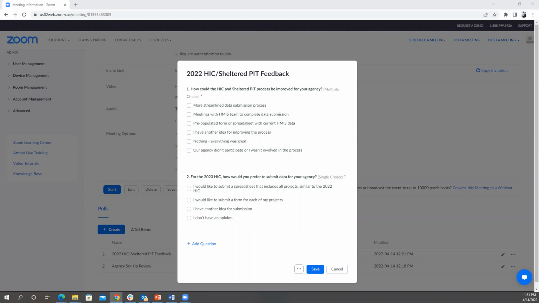Yes, you're correct. I missed a program because it didn't show up, because there were no clients in it. But the pre-populated form was nice because a lot of times that information, like bed inventory on shelters and things like that, doesn't necessarily change year after year.